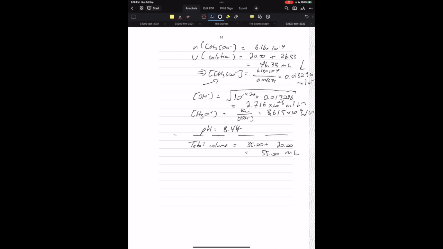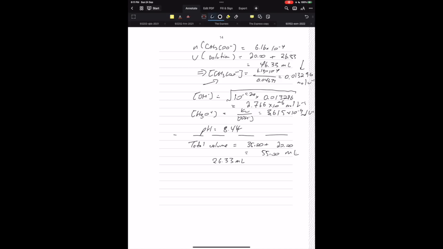And we know we can figure out the excess of calcium hydroxide that was used. So we know that at the equivalence point, 35 mils was used. Oh, sorry, 26.33. Wrong number. At the equivalence point, 26.33 mils was used. And of those 26.33 mils, all the hydroxide ions have been used to neutralize the ethanoic acid solution.